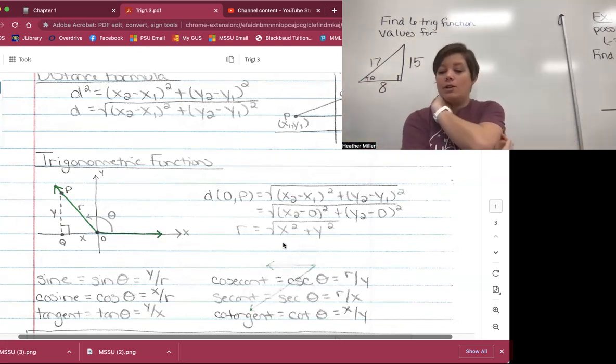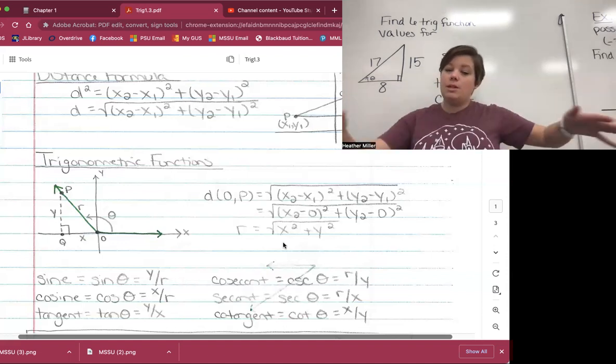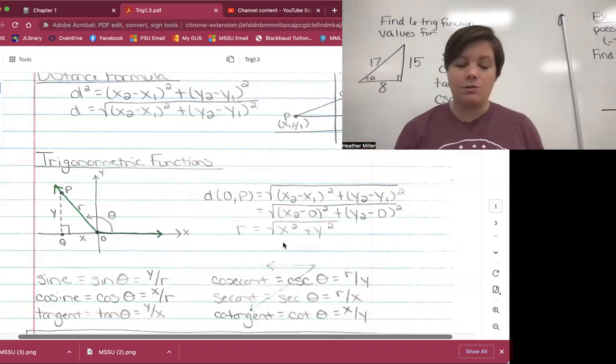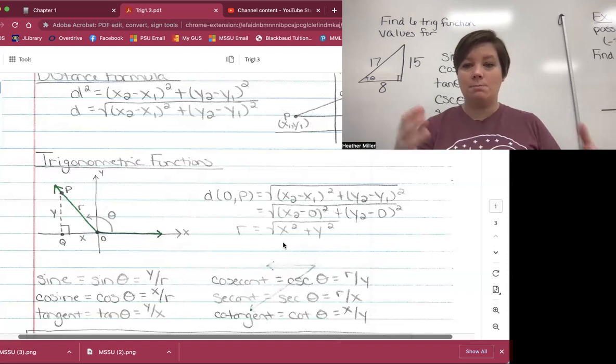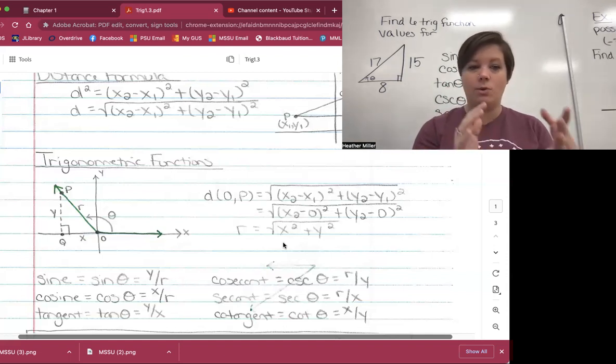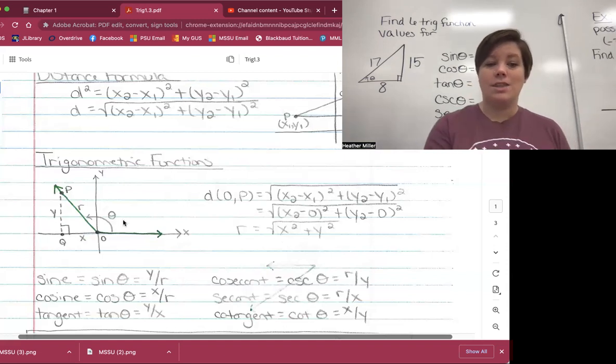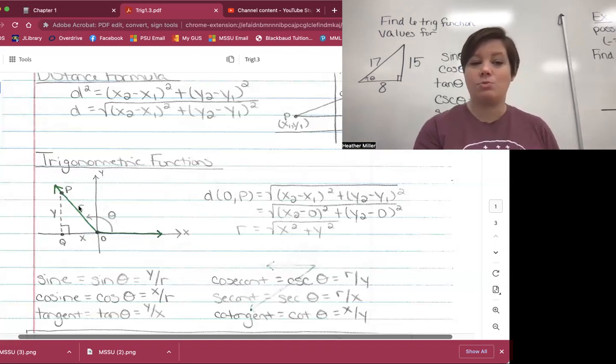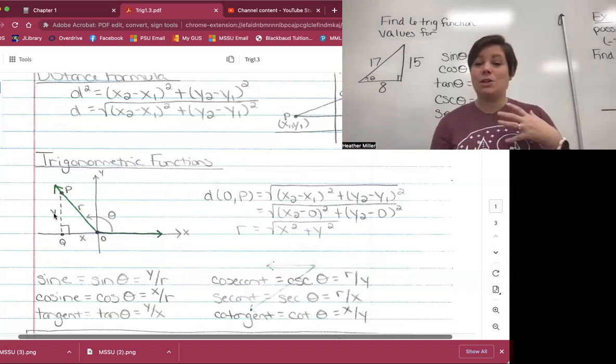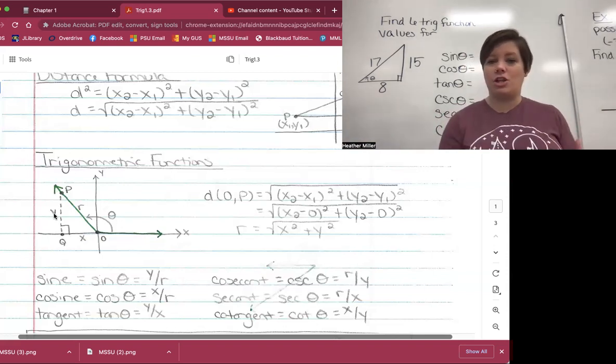Now, again, you are not going to have to regurgitate this information, but I want you to see the basic picture, because we're going to be talking a lot about these different angles and how we're getting them. Sometimes we're going to talk about the theta in terms of this radius and this x and this y value. And sometimes you're going to hear me talk about it in terms of opposite over adjacent. And we need to be able to use these terminologies interchangeably.